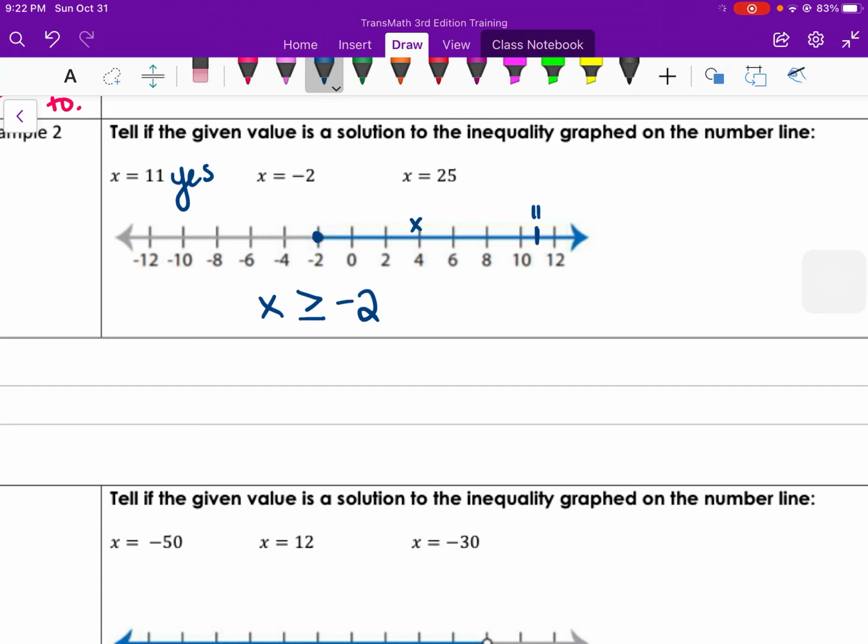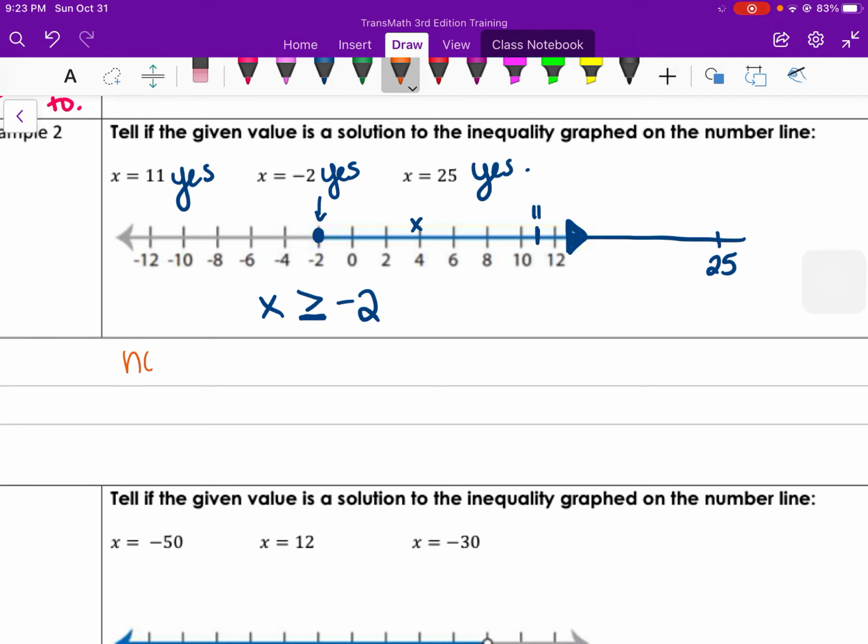How about -2? Is -2 a solution? Since it is equal to, it's a filled in circle. So yes, it is a solution. It is included because of the equal to part. And then 25. Well, 25 is not on my graph, but you'll notice that this actually goes on infinitely. And so 25 is still bigger than -2, so 25 is a solution.